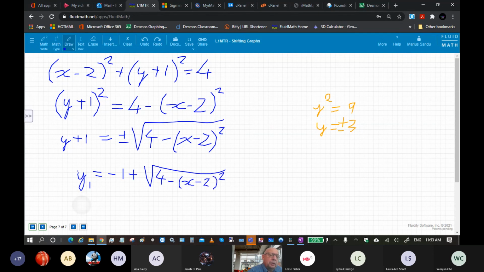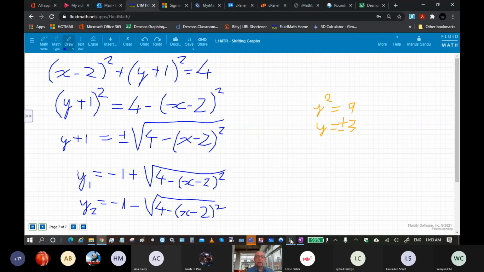And y2, I've got two functions here, minus 1 minus square root of 4 minus x minus 2 to the power of 2.